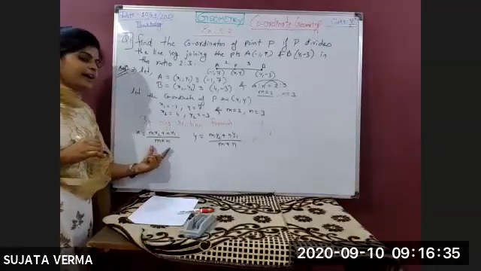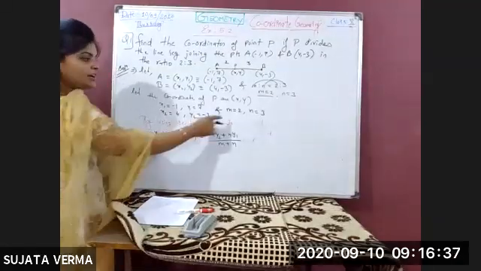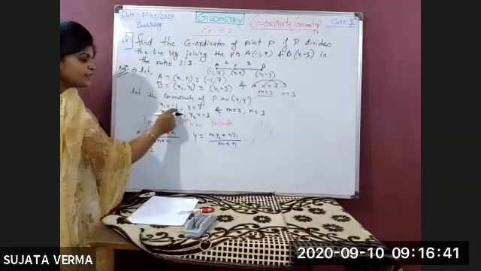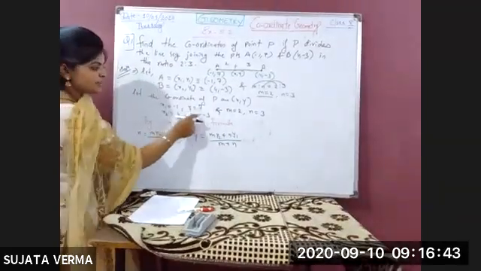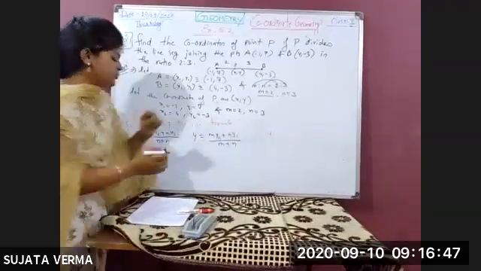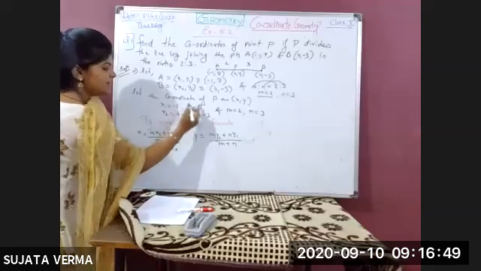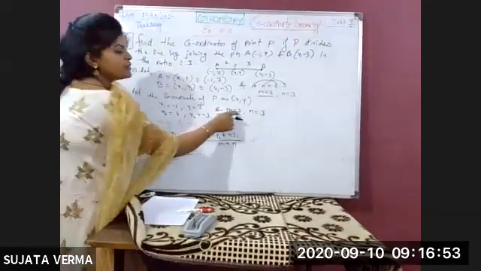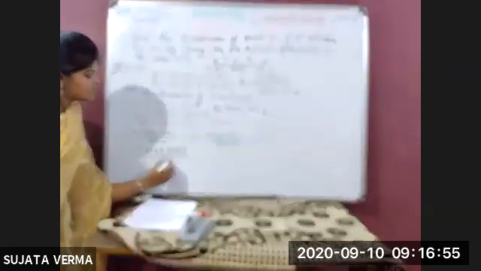Now substitute the values. m equal to 2, x2 is equal to 4, n equal to 3, and x1 is equal to minus 1, divided by 2 plus 3.